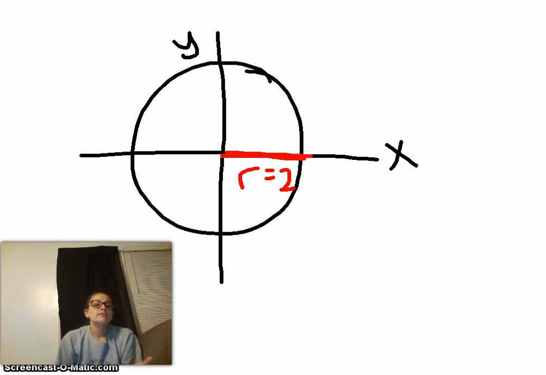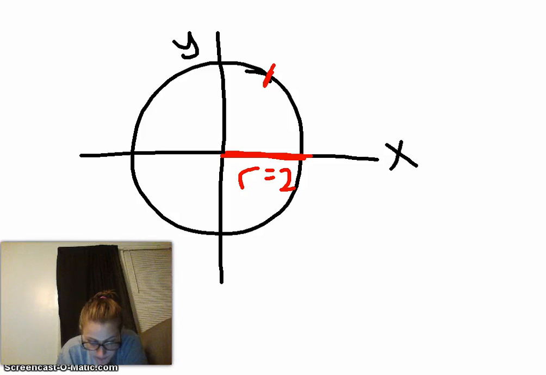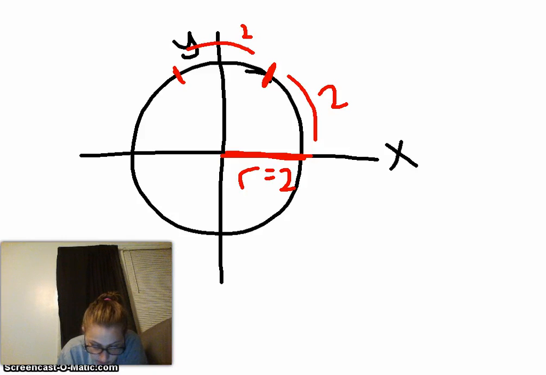If we have this circle with a radius of 2, I'm going to take the circumference of the circle, the outside, and break it into arcs that have a length of 2. Because my radius is 2, this is equal to 2, and this is equal to 2, and this is equal to 2.